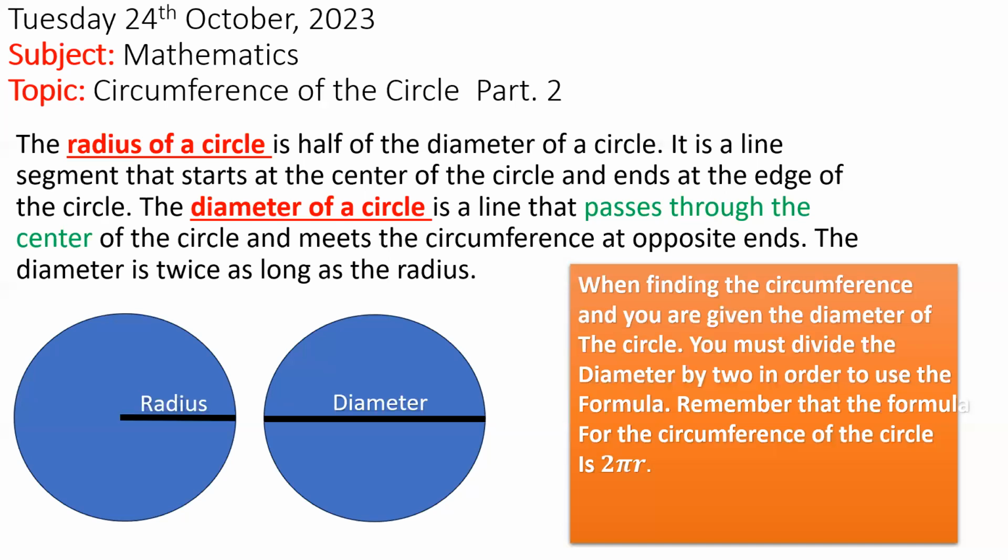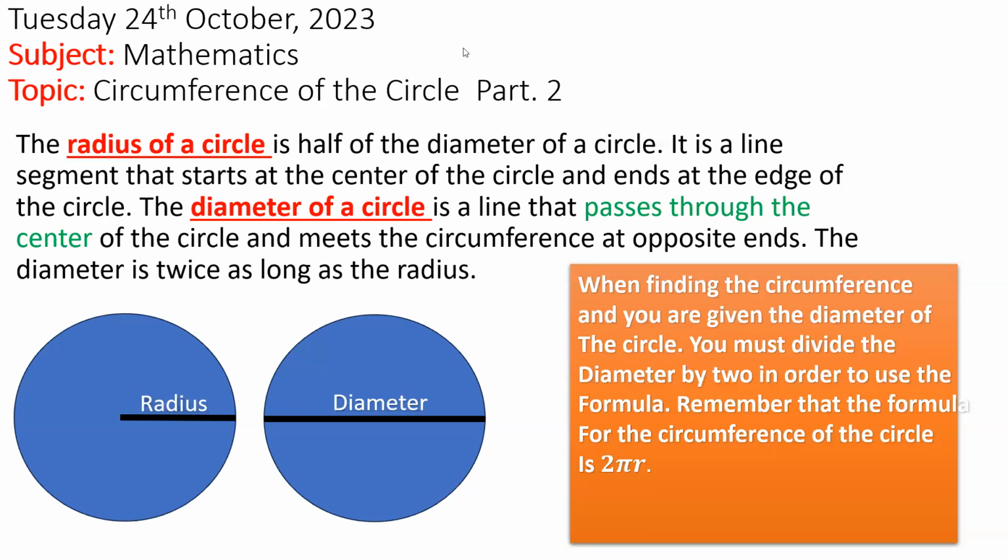China, what is the circumference of the circle formula? What's the formula we use for the circumference of the circle? I can't hear from China.